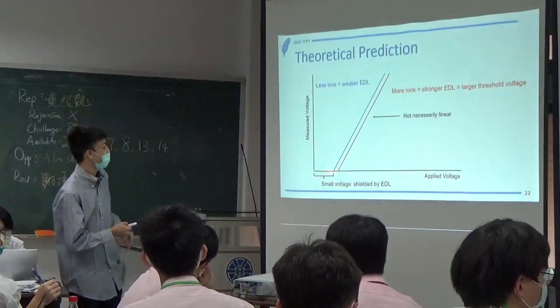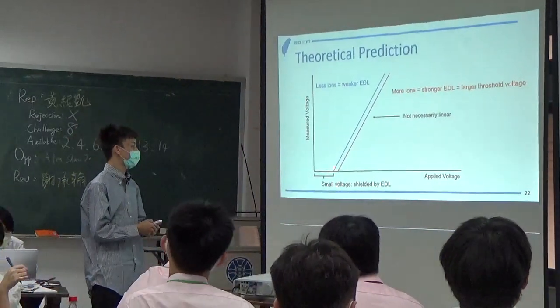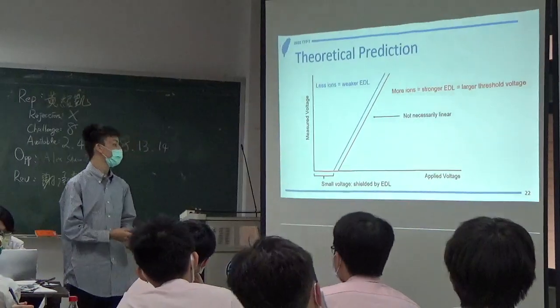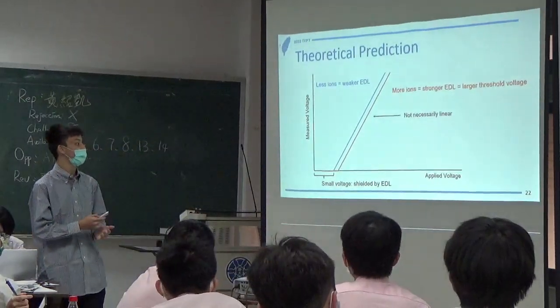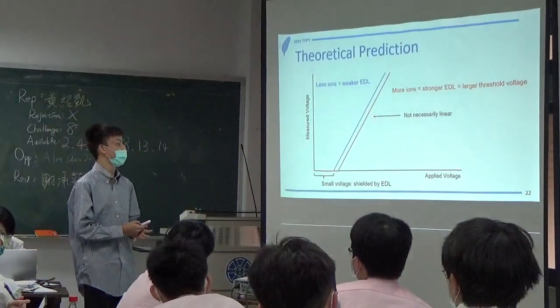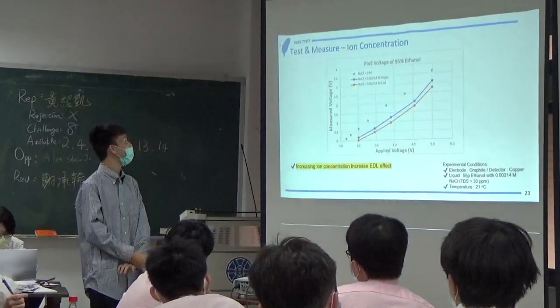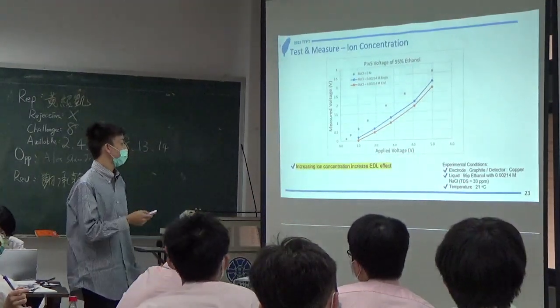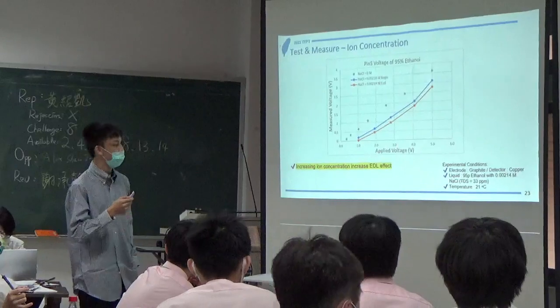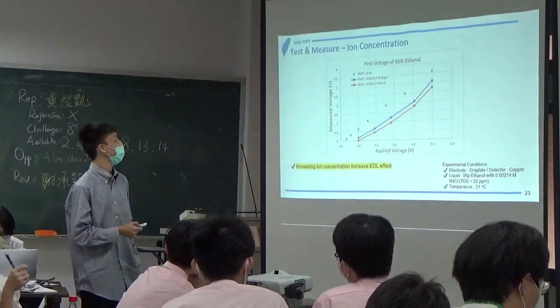And here, the small x-intercept is the small voltage shielded by the EDL, and also this relation is not necessarily linear. So the ion concentration also increases the EDL effect as mentioned before.